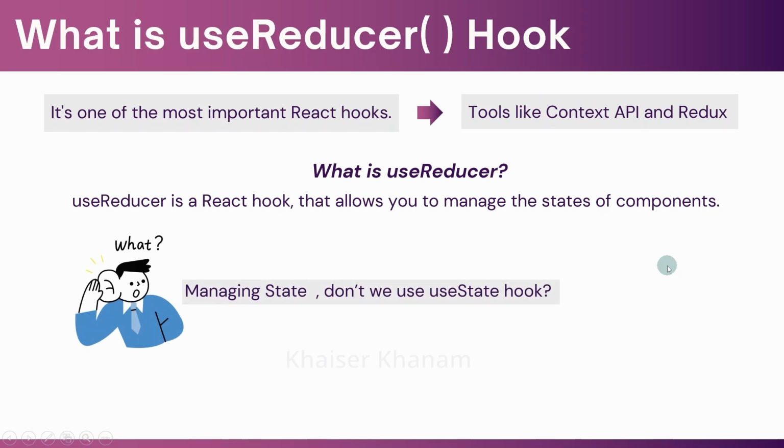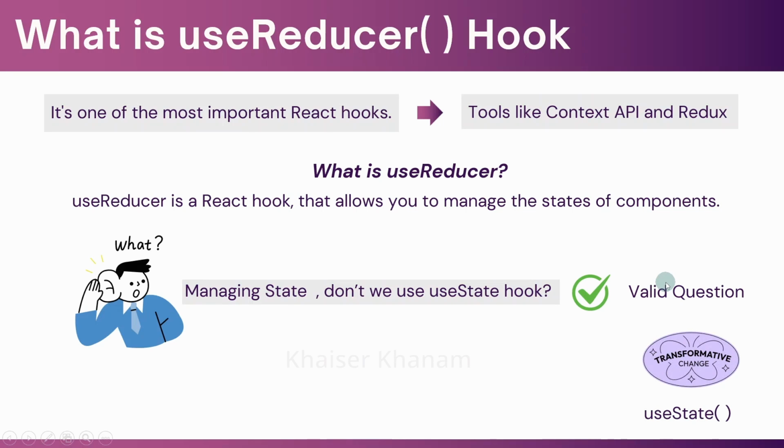Now what? Managing state? For this, don't we use useState hook? So this is a very valid question, and we already know whenever we want to update something inside the UI, we are going to use piece of state. So whenever we are changing something inside our UI, we are going to use our piece of state.